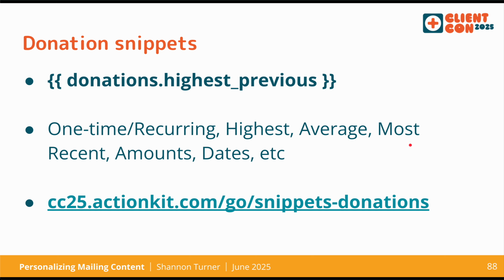We've also seen a bunch of these donation snippets already, but here they are again. You can get data about your user's donation history in a bunch of different ways. So things like what's their one-time donations or their recurring donations, what's their highest donations or their averages, what's their most recent donations, what amounts have they given, when did they give, and so on.